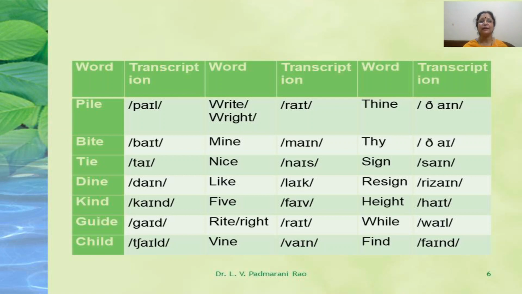NICE, nice. LIKE, like. FIVE, five. RITE, here RITE would mean a religious activity that you do, the religious rites that we do. And RIGHT is in terms of left and right or right and wrong. Whatever the case is, the pronunciation is right.